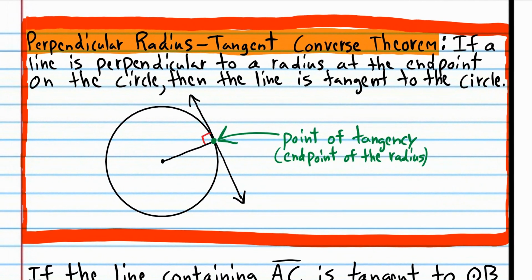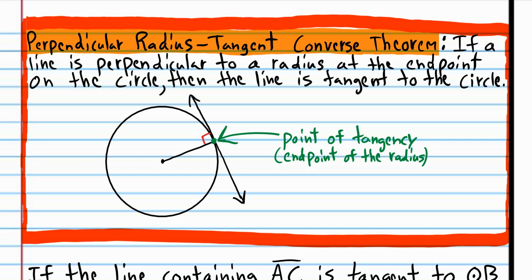Now the converse of that is also true. If you have a line that connects with a radius, and the radius and the line are perpendicular, that proves that this line is tangent, meaning it touches only at that point of tangency.